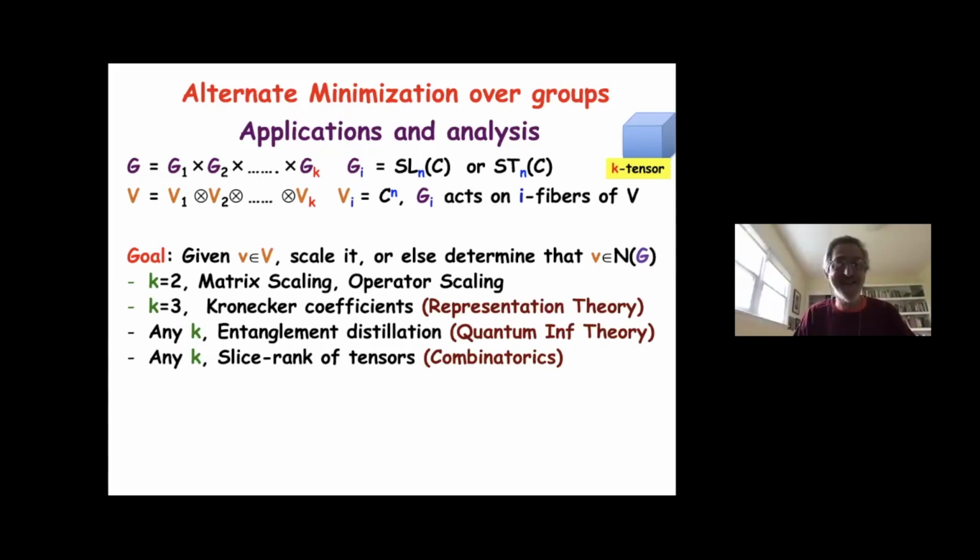First I want to mention that this kind of problem has many more applications, because many applications talk about higher dimensions. We mentioned k equals 2: matrix scaling, operator scaling. K equals 3 captures what are called asymptotic Kronecker coefficients in representation theory. There is also the entanglement distillation problem, and the slice rank problem. There are many problems in different areas that fall smack into this framework.